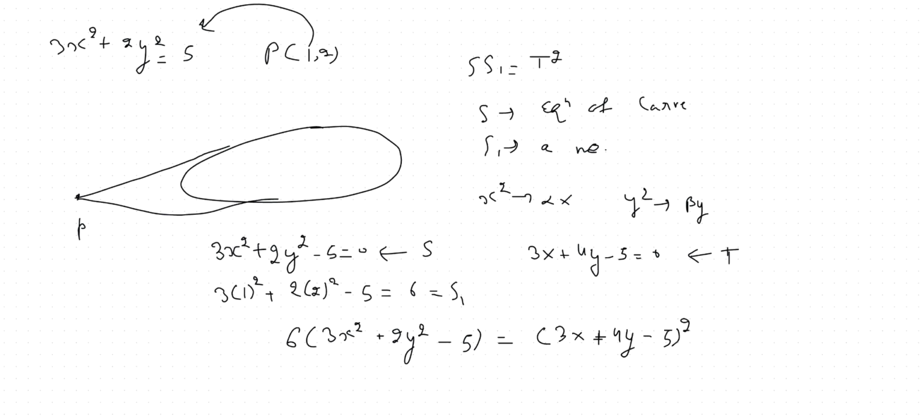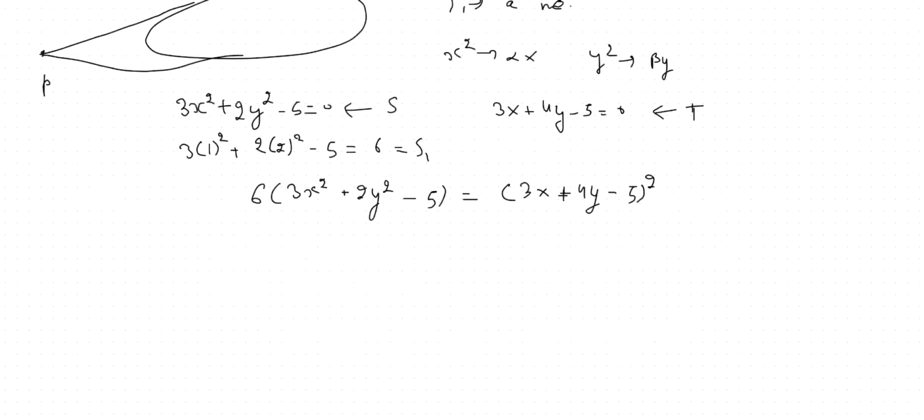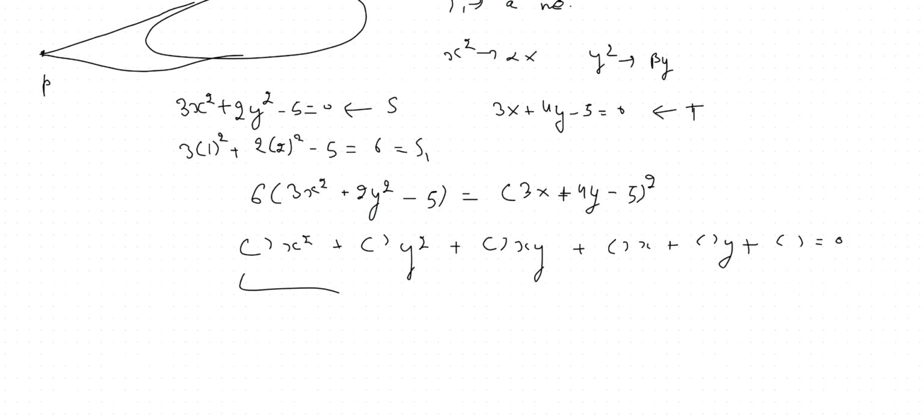Now what is going to happen? As we proceed, I will have something into x square plus something into y square plus something into xy plus something into x plus something into y plus a constant, equal to 0. If I consider this part, it's called the homogeneous part.